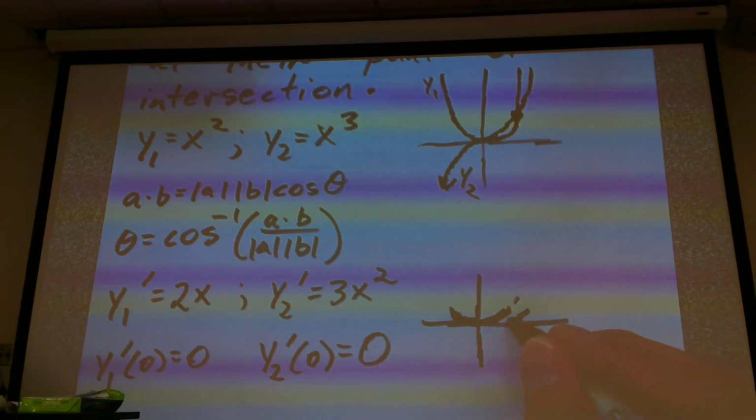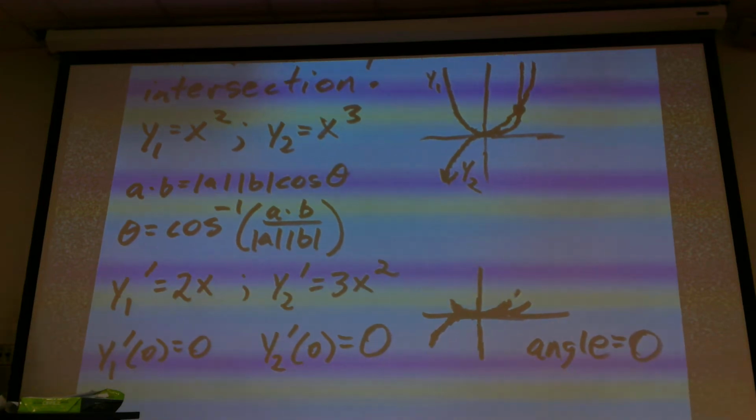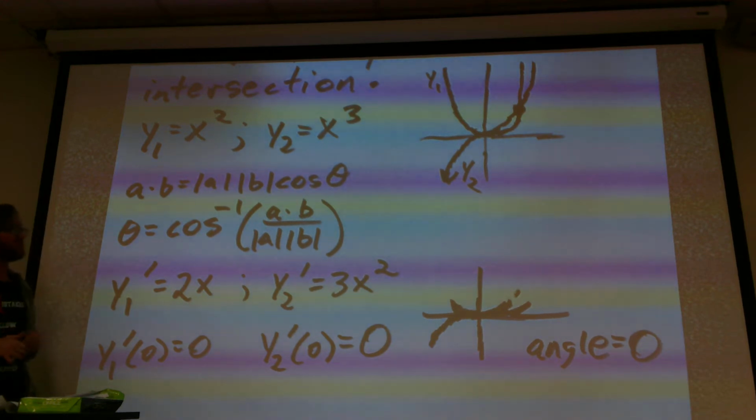This guy's going to be lower than that one, but he's also right there. Okay, so the angle actually equals 0. By zooming in on that point, we can see that the angle equals 0 at that point. So there's no difference between them. Their tangent lines both have a slope of 0 at that point.